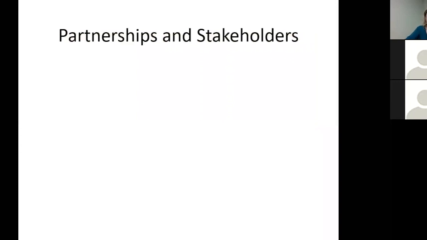Okay, so partnerships and stakeholders. Oftentimes grant projects will have partnerships and stakeholders. Can you think of who are some possible project partners you might have? And you can just type it into the chat box.